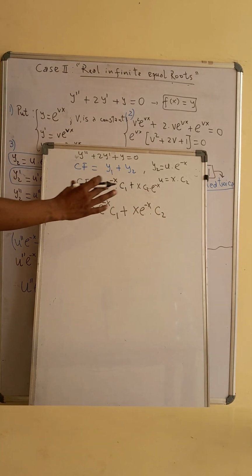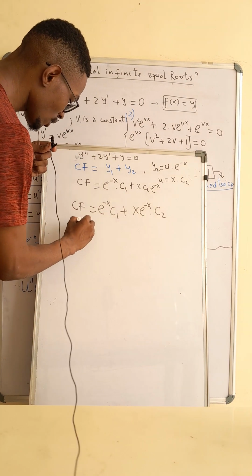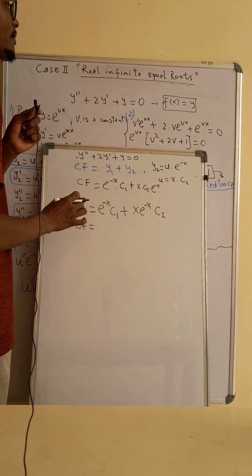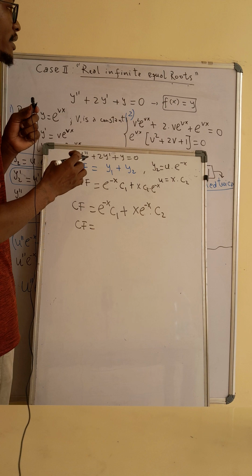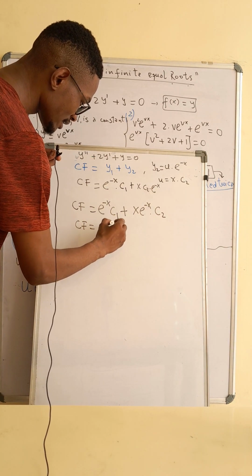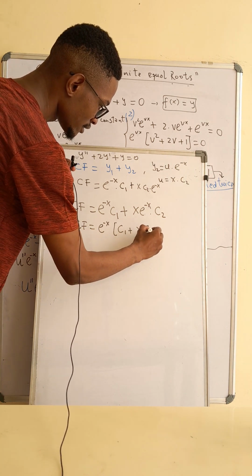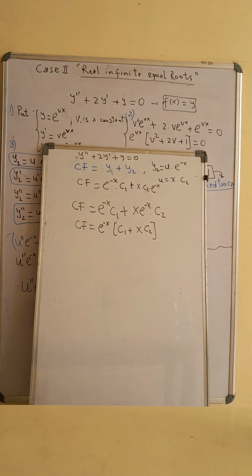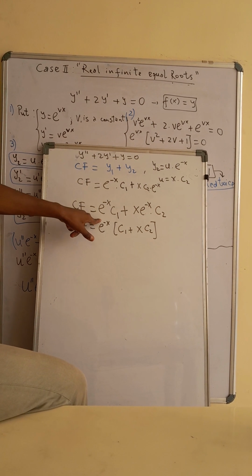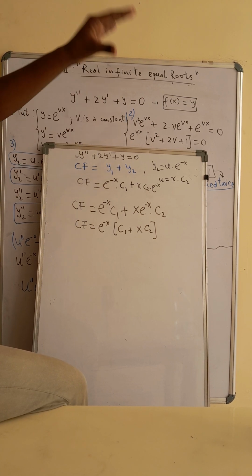Now check this, okay? We are going to find the general solution for this one. So CF, when the roots are real and equal, will be Euler raised to minus x, C1 plus x C2. Now see, just by checking, you can see that here we have only one root, that is, all are equal.